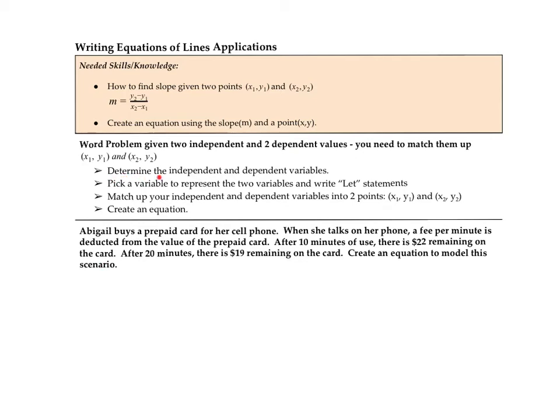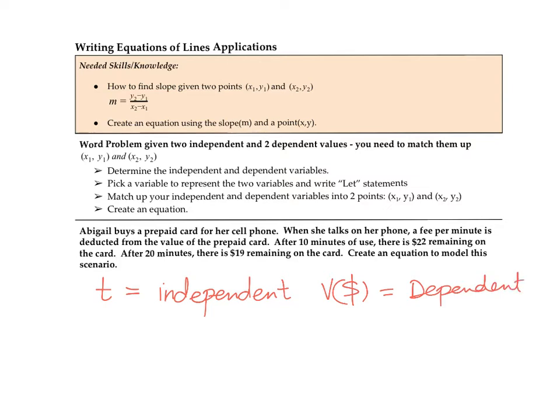So our first step is to determine the independent and the dependent variables. Now here we have 10 minutes, $22, 20 minutes, and $19. So now out of this information given, time is always independent, and dollars, which we can say the value of the card, would be dependent, because that depends on how long that card has been used for.